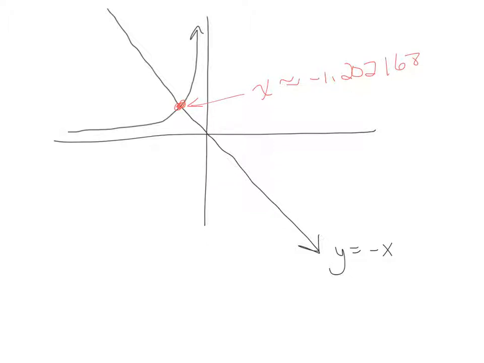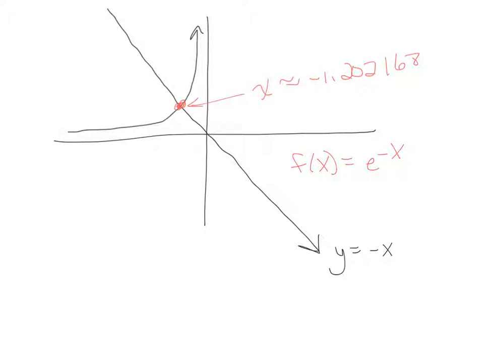Now, let's go back and see what our original function looked like. Our original function was f of x equals e to the minus x power. So that means that in order to find our y-coordinate, we need to find e raised to the power 1.202168.